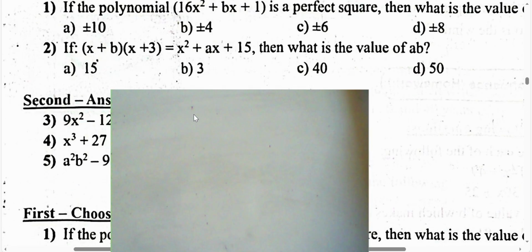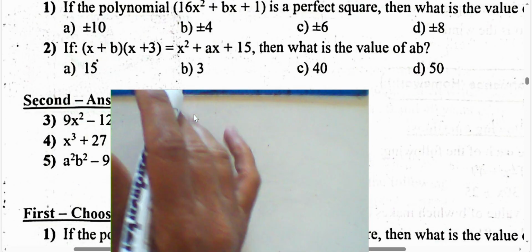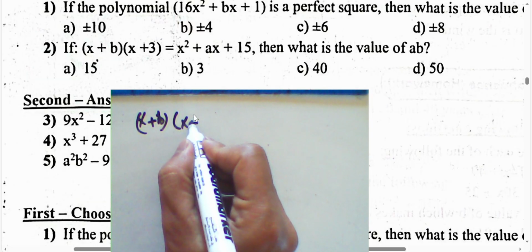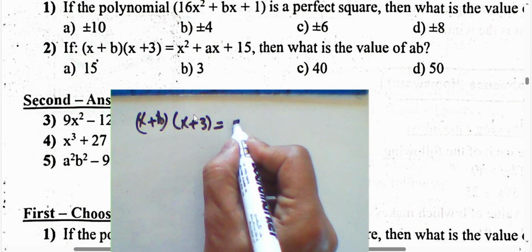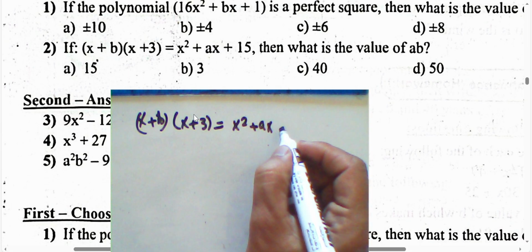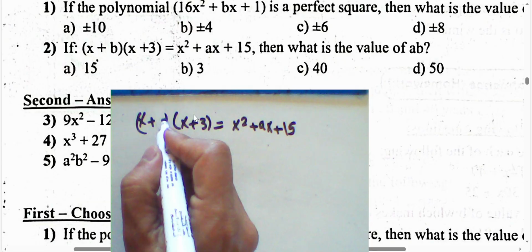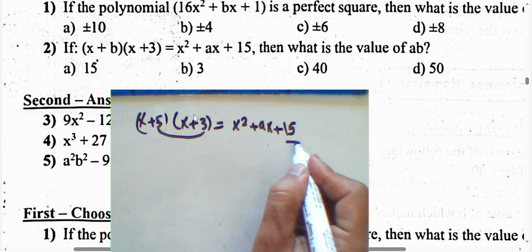If (x + b) times (x + 3) is equivalent to x² + ax + 15, we can find b here will be 5, because 3 times 5 equals 15.